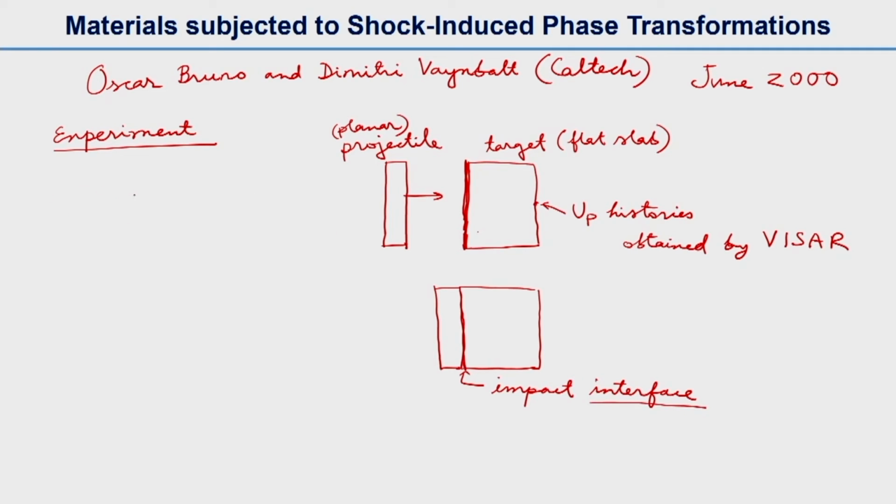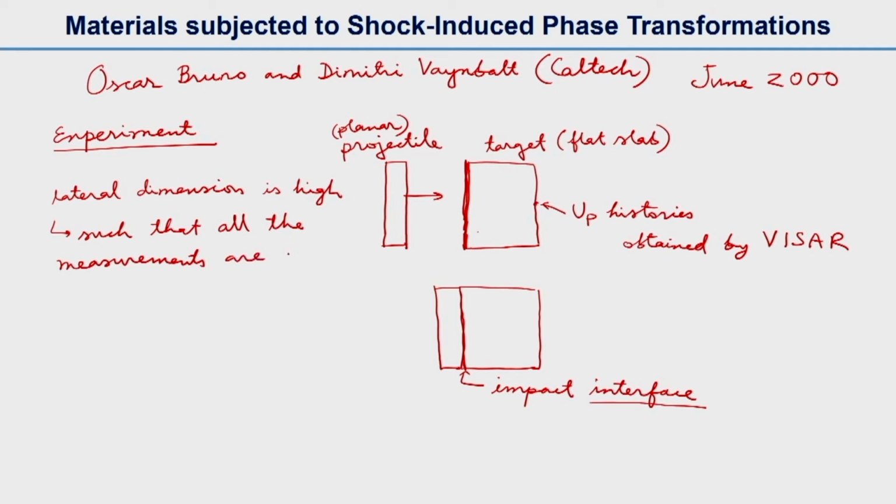In this example, the ratio of the lateral to the longitudinal dimension is chosen such that the lateral dimension is high, so that all the measurements are completed before the release wave arrives from the lateral surface of the target.